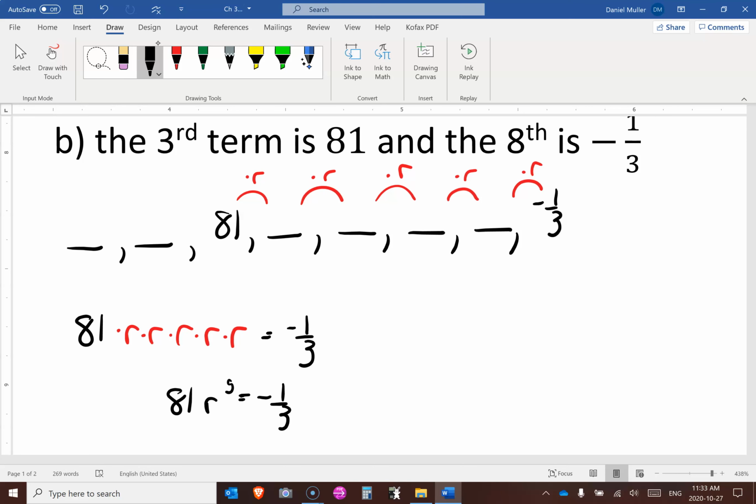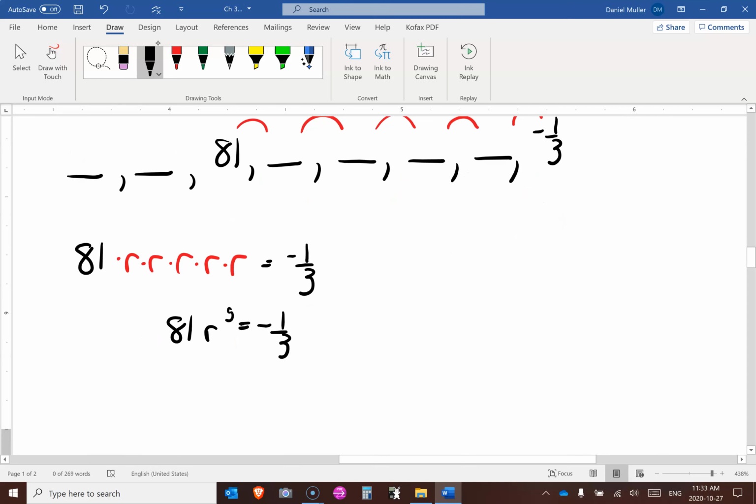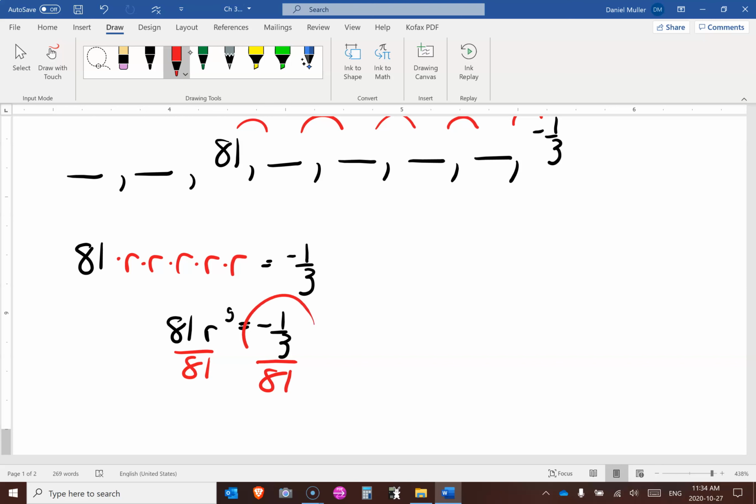Now, one of the things that I don't like to do when I'm solving here is dividing by 81, a fraction divided by a fraction. In the same way that I told you in a previous video that dividing by 2 is the same thing as timesing by a half, I'm not going to divide by 81. I'm going to times it by 1 over 81.